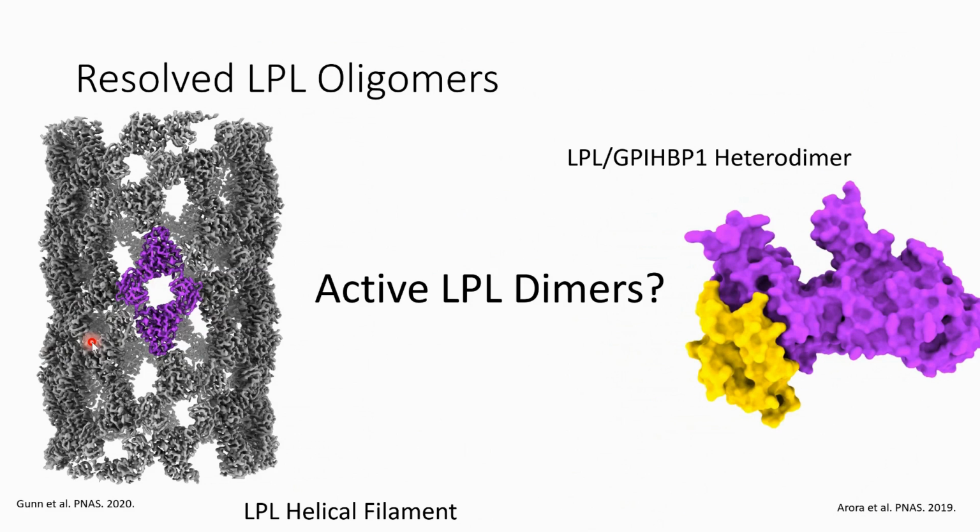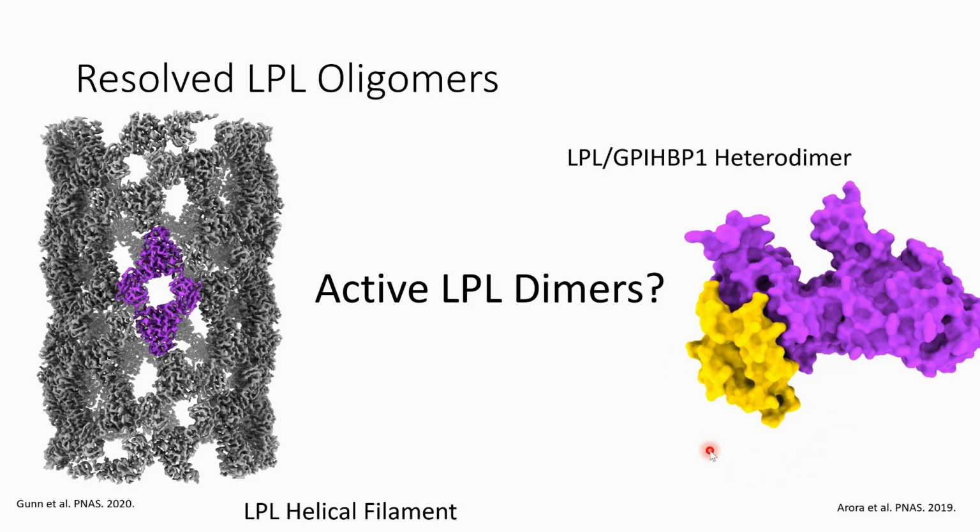The reason CryoEM was really suited for this task is that one feature of these decades of biochemical data was that they had not been done in the presence of GPI-HBP1, which was only discovered in 2010. And so my theory was that the active LPL dimer existed when GPI-HBP1 was not there.